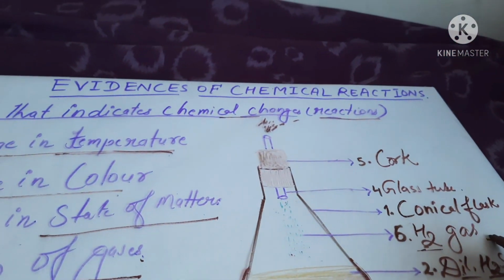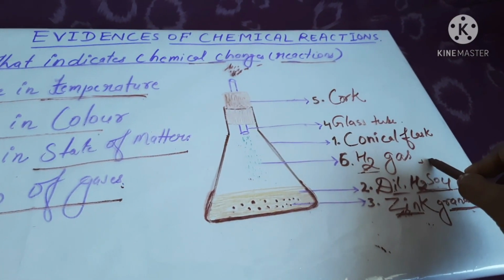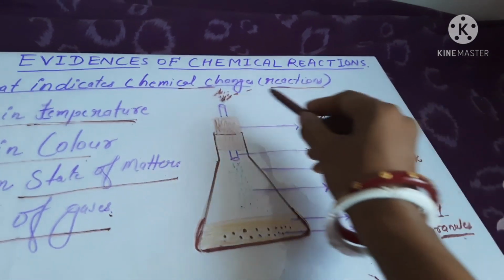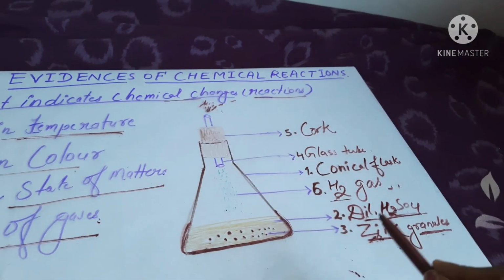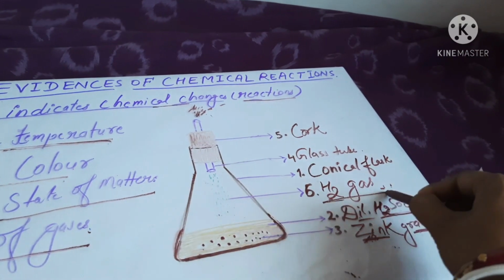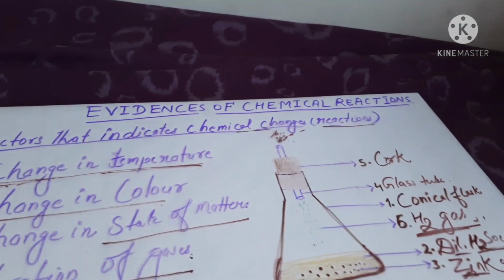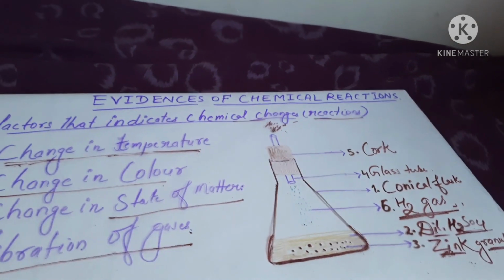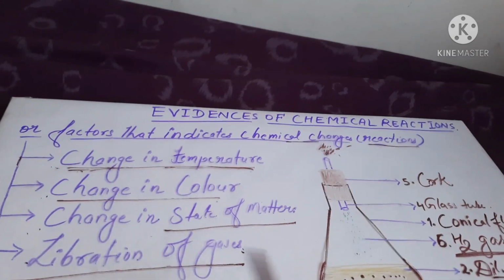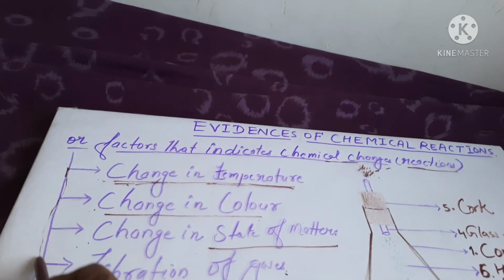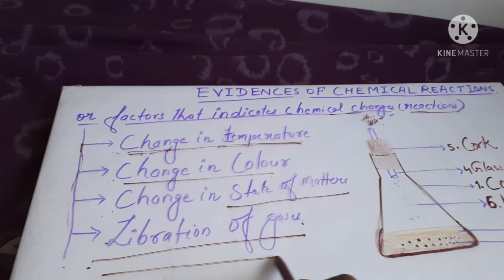And when we bring a matchstick near the glass tube, it burns with a pop sound, which indicates the liberation of H2 gas. So this experimental setup easily indicates all four factors which are the basic evidence of a chemical reaction.